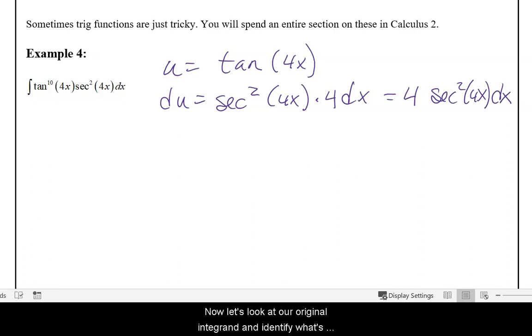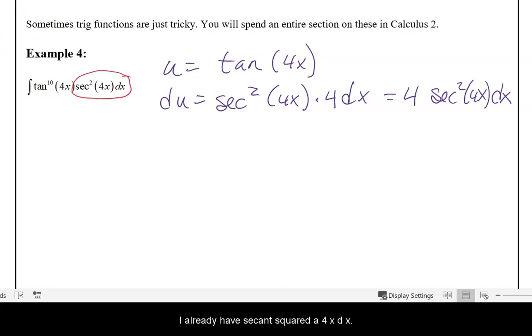Now let's look at our original integrand and identify what's already there and what's not. I already have secant squared of 4x dx. Here, I can isolate that part. I'm missing the common factor of 4.